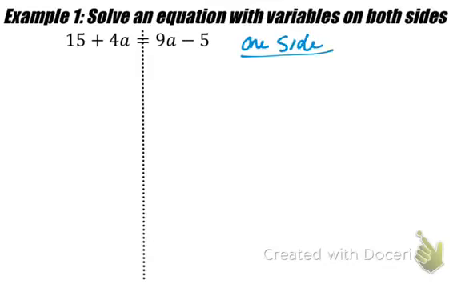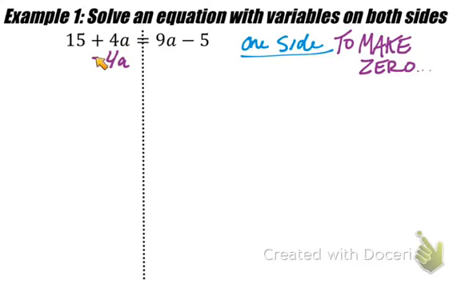So that's the goal. I'm going to move the variables to the right side. So I need to make sure that this 4a becomes a 0 on this side. In order to do so, I'm going to subtract 4a from both sides because that's the inverse operation of adding 4a. If I subtract the 4a from this side of the equation, I must do that to the other side.